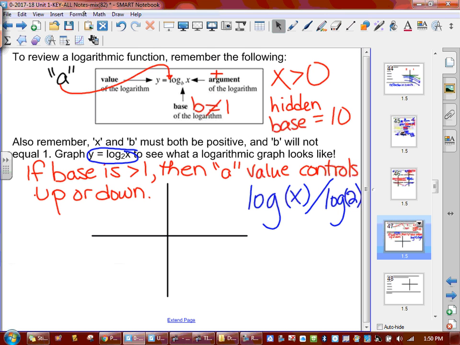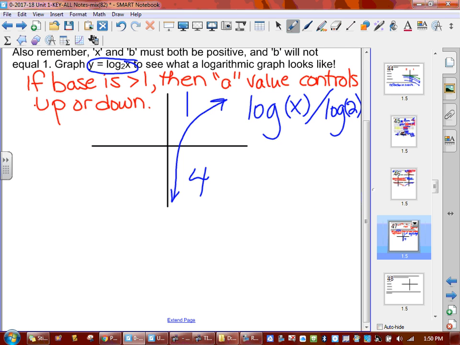Now, for increase or decrease, it will depend on whether the a value in front is positive or negative. So this guy had an a value, it's hiding, it's positive 1. So because the a value here is a positive 1, it's an up graph, it's increasing. Okay? So it's increasing.